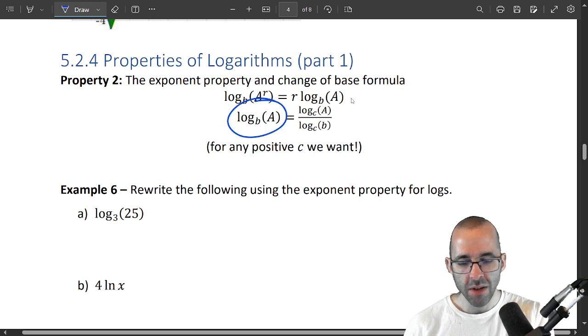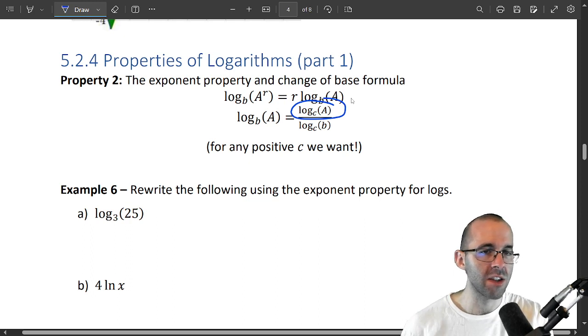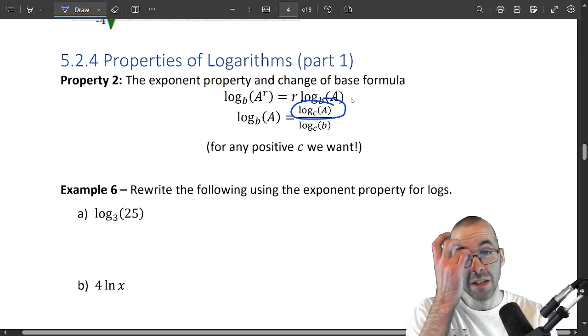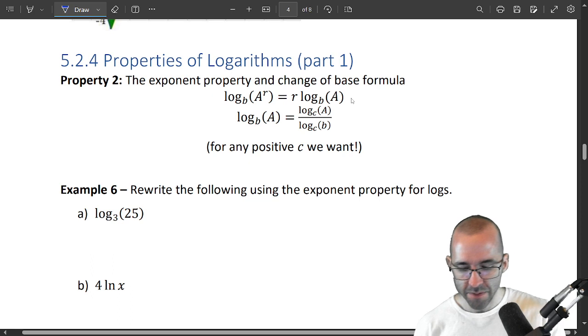If I have a logarithm with some base, the log of a, we can write that with any base as long as we write the new base on top. So it's still log of a, but we change the base to any c that we want, that's positive, as long as we divide by the logarithm of the base with that same c. We'll get some practice with these, so don't worry too much about them so far.